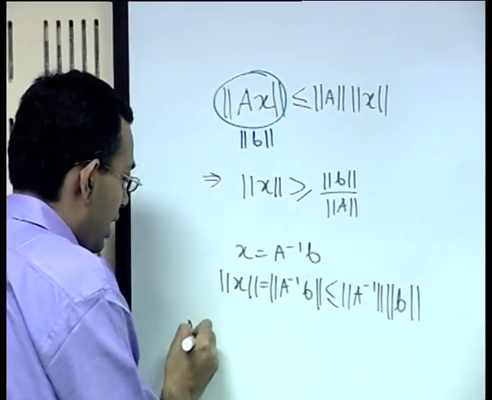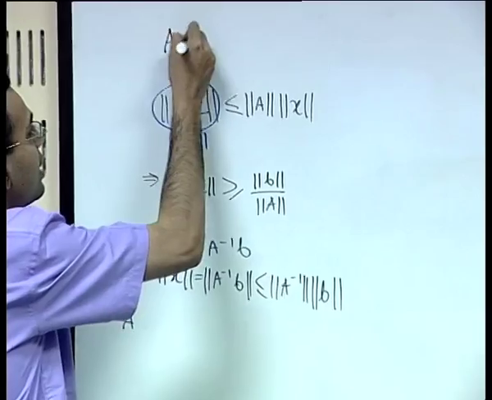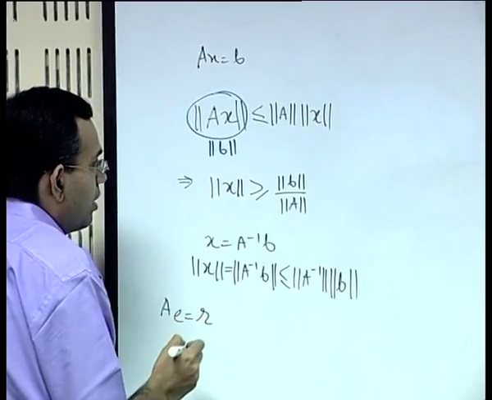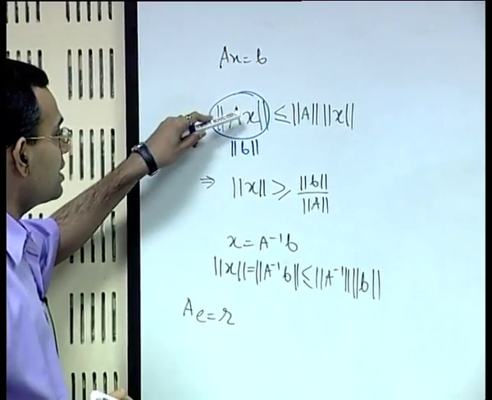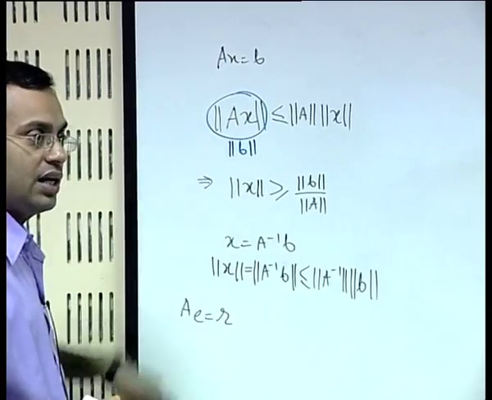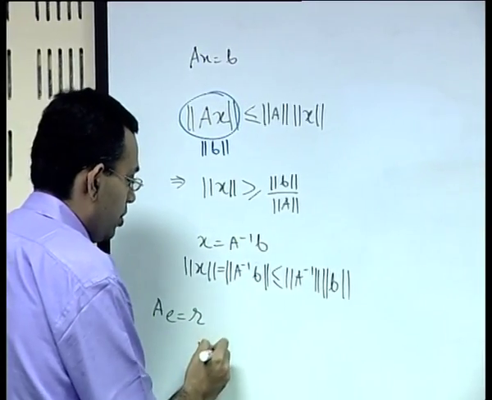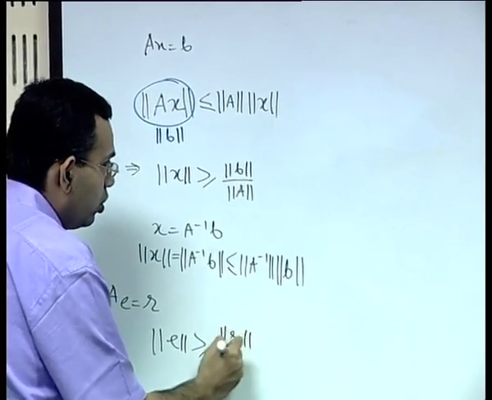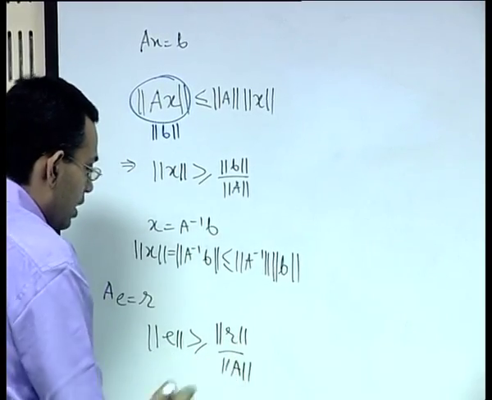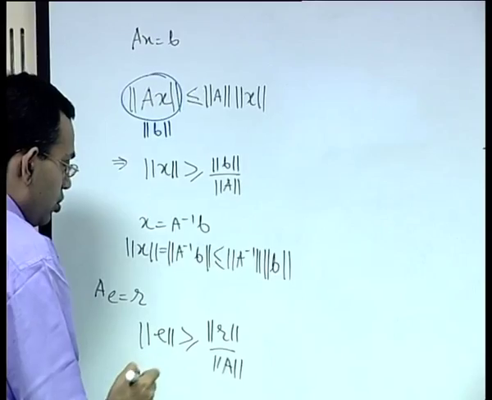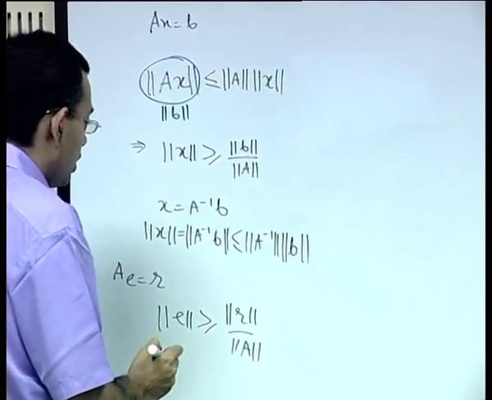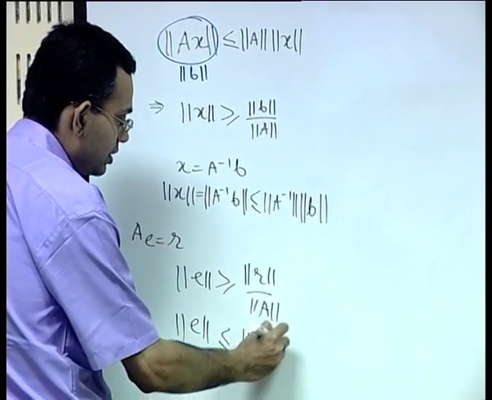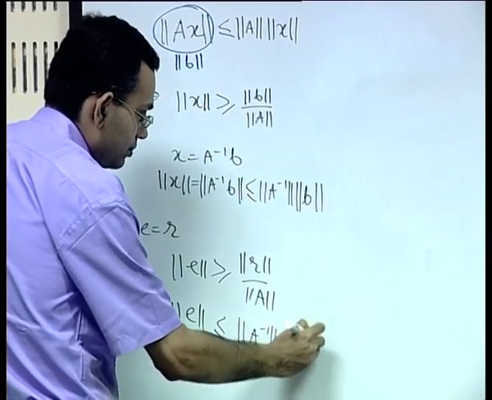This follows from Ax equal to B. If you have Ae equal to R, then you can just replace x with E and B with R. So, you have norm of E greater than or equal to norm of R by norm of A, and norm of E is less than or equal to norm of A inverse into norm of R.